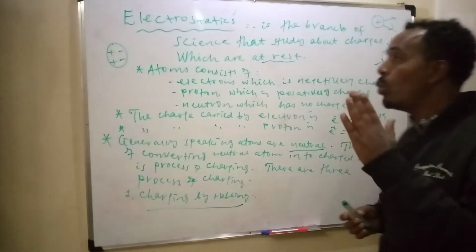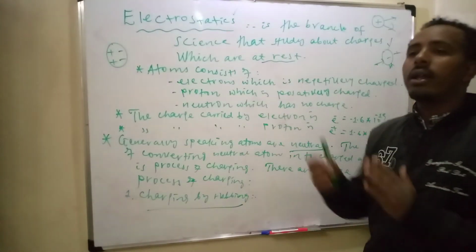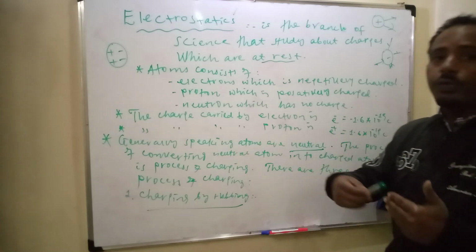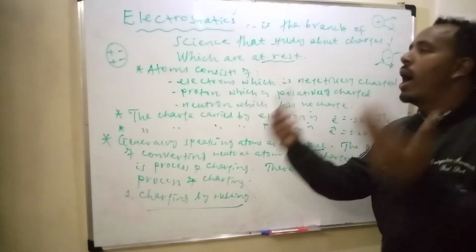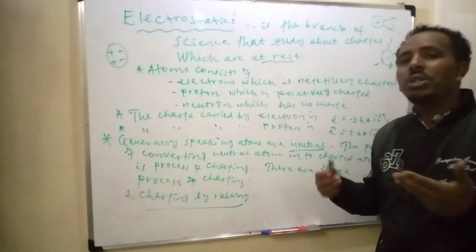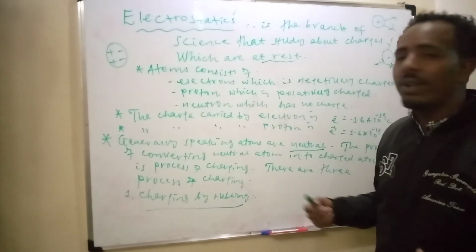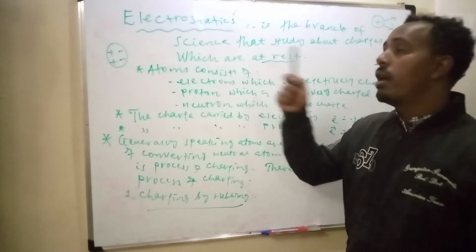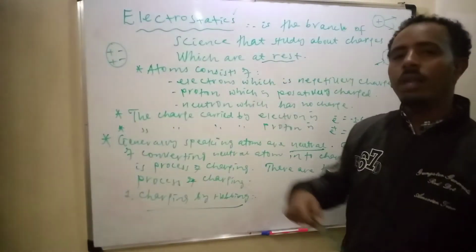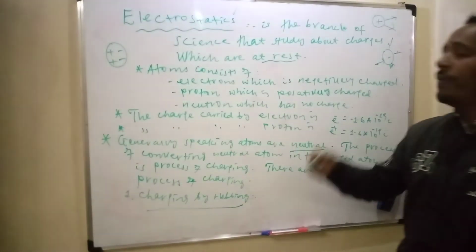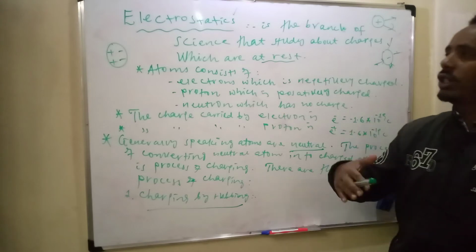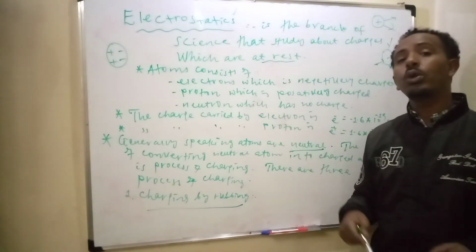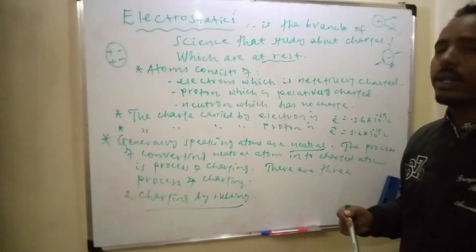When two neutral bodies are rubbed together, electrons may transfer from one body to another. The body which gains electrons is negatively charged, and the body which loses electrons is positively charged. If the number of negative charges is greater than the number of positive charges, that body is negatively charged.